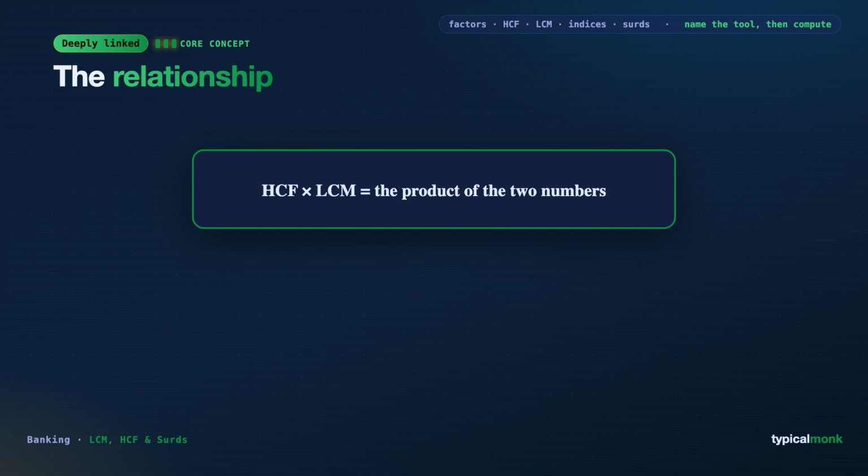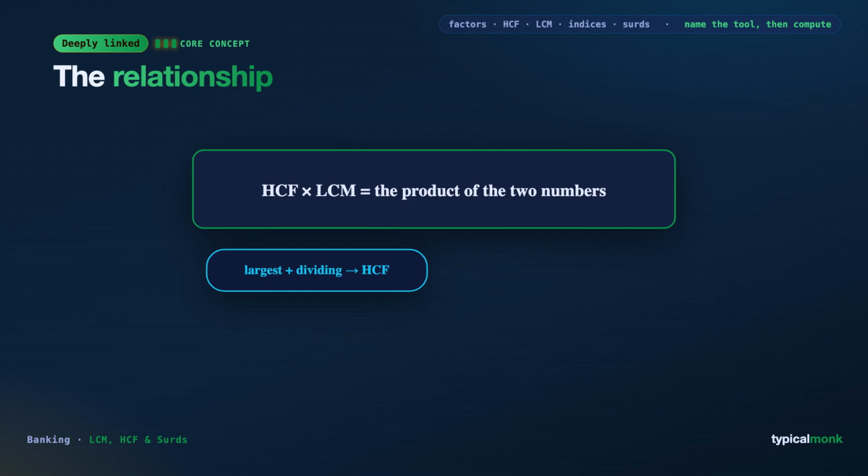In words, HCF times LCM equals the first number times the second number. Check it with 12 and 18. Their HCF is 6, their LCM is 36, and 6 times 36 is 216, which is exactly 12 times 18. It works every time, for any pair of numbers.